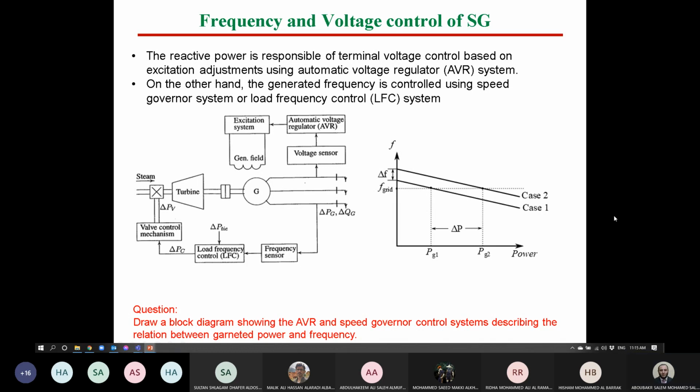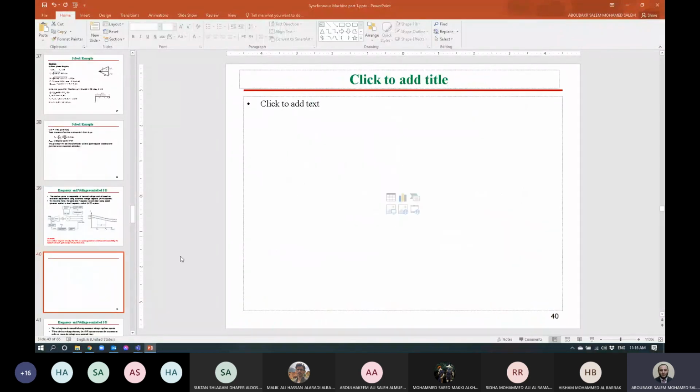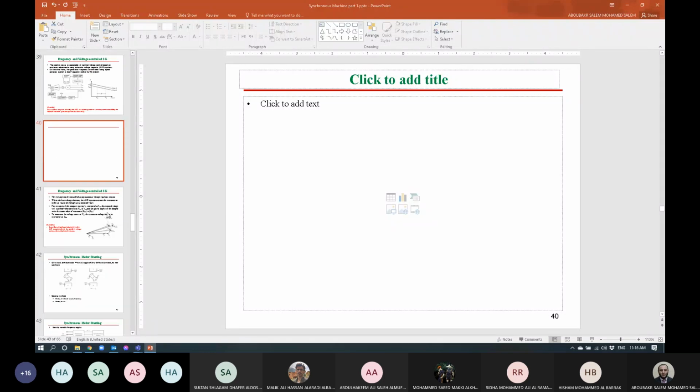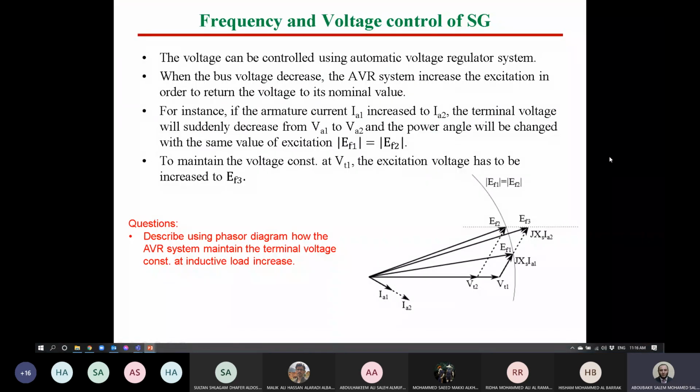Let's make another slide here just to declare the points. We have it here, we don't need to make it. Let's see this diagram first, guys, in order to recognize the operation of the two systems we have.